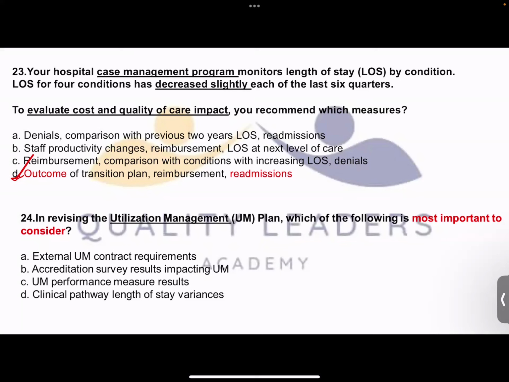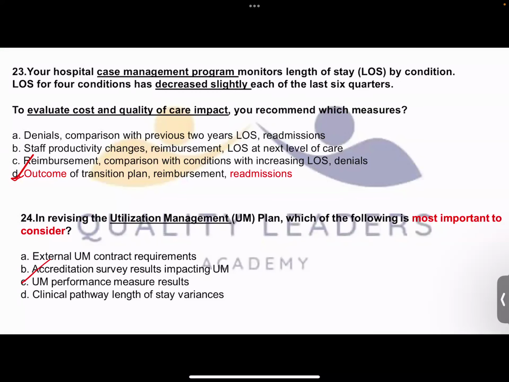For letter B, this is also incorrect because accreditation results are periodic and provide general recommendations. They are not as critical as real-time performance data when revising the utilization management plan. For letter D, this is incorrect because LOS variances are a specific aspect of the plan and do not encompass its full scope. So letter C is the correct answer.